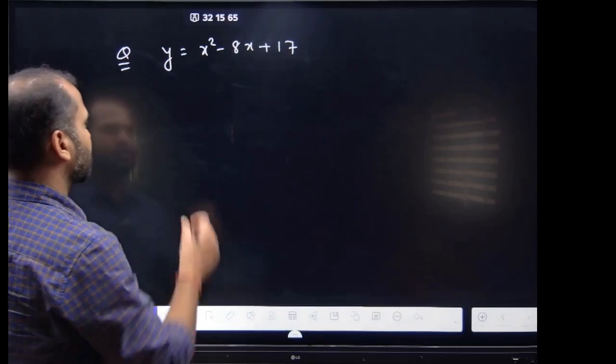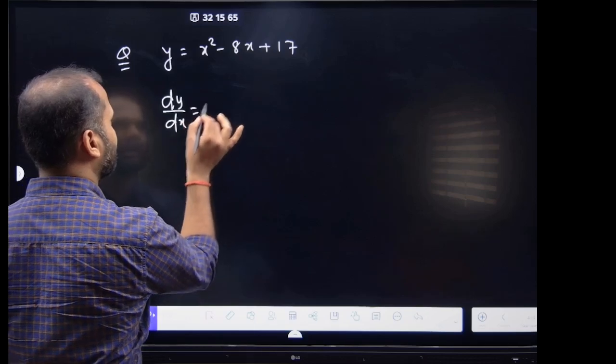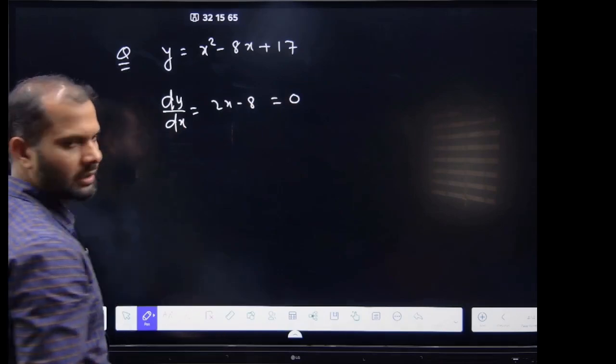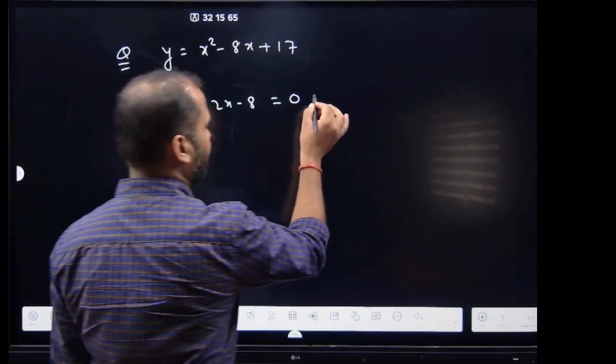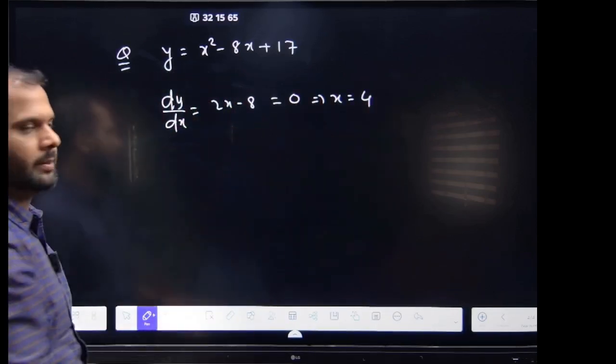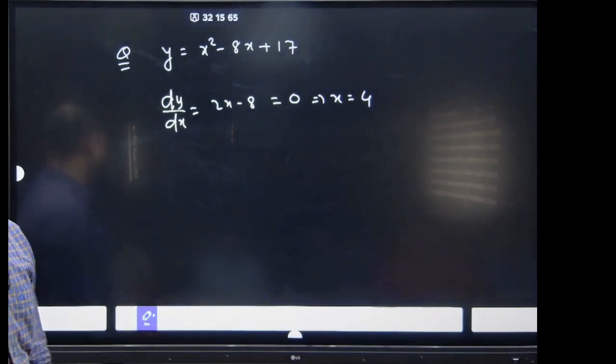Step 1 is to calculate dy by dx. dy by dx is 2x minus 8, put equal to 0. From here we get x is equal to 4, since 8 goes to the other side and 8 by 2 is 4. So x is equal to 4 is the critical point.